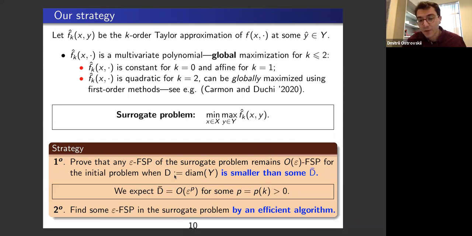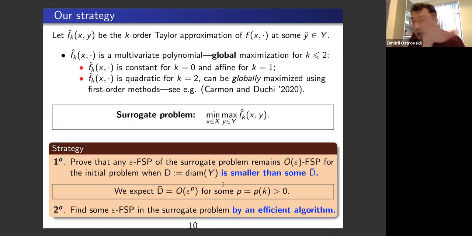Let me call d the diameter of Y, the Euclidean diameter of Y. We are aiming to prove that for d small enough, where small enough is some power of the target accuracy epsilon to be specified, depending on epsilon and the order of the Taylor approximation, with constant factors depending on the smoothness parameter, the regularity parameter of your function f, we expect that for d smaller than some threshold, any epsilon first order stationary point of this problem will remain order epsilon stationary for the initial problem. And in this sense, the Taylor approximation is good enough.